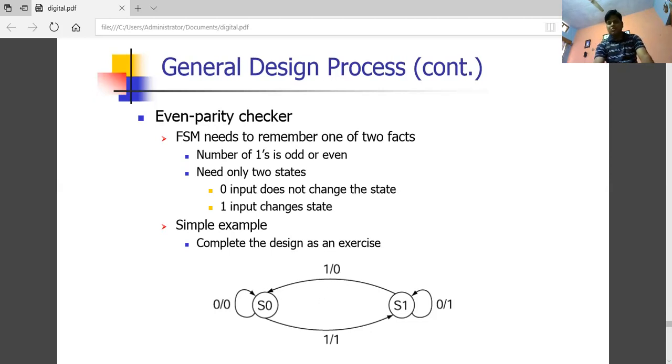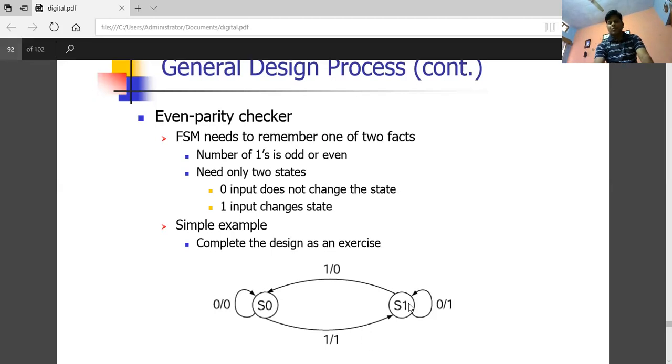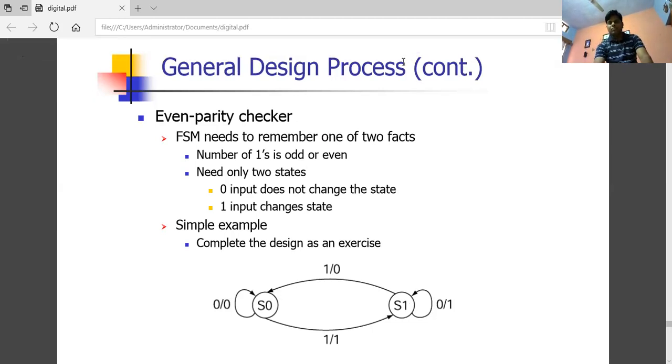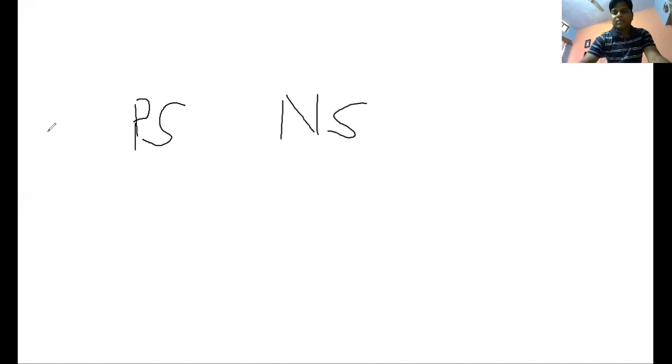We will now draw the table. Suppose this is the present state, this is the next state, and this is the output section.